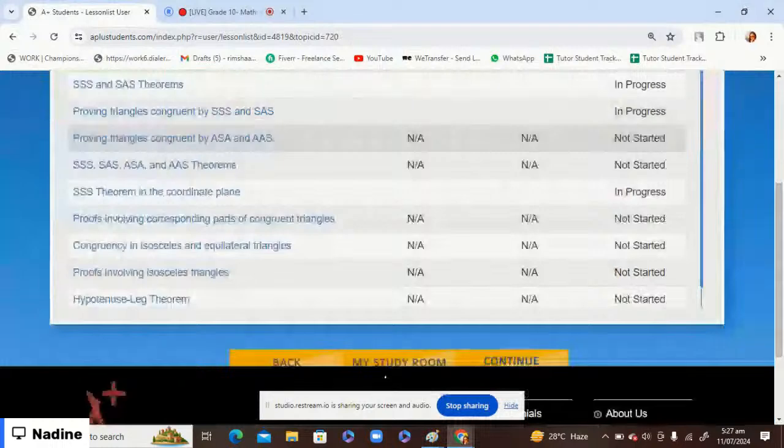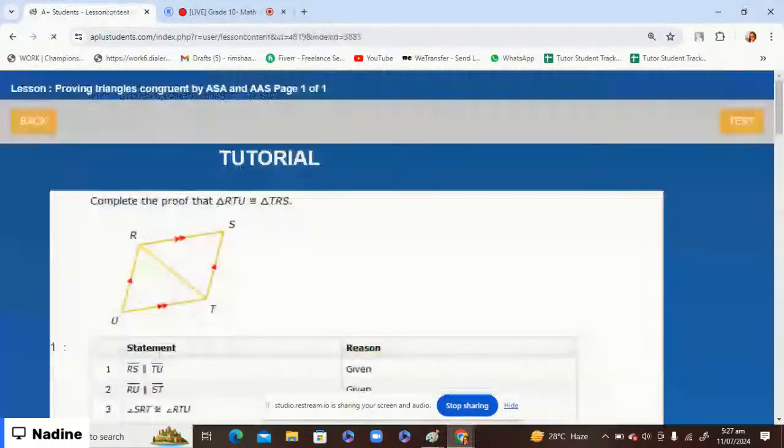Okay, let's do it. Complete the proof that triangle RTU is congruent to triangle TRS.